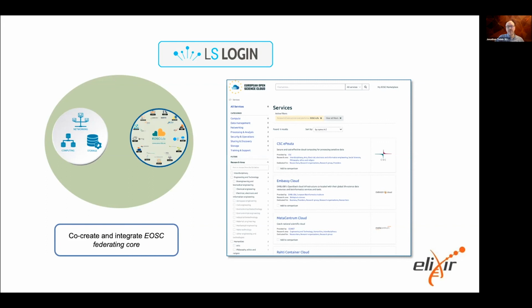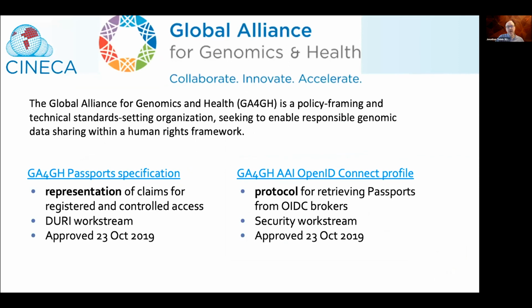So what we've done is, again, using those common standards that have been developed over a number of years now, adapting the ELIXIR AAI solution to work alongside those, the other requirements across other infrastructures, so that we have a common login to these cloud services. And taking that one step further, we've built upon that to enable this Global Alliance for Genomics and Health passport standard. So alongside Google, ELIXIR was the first implementer of this GA4GH passport standard at the end of last year.